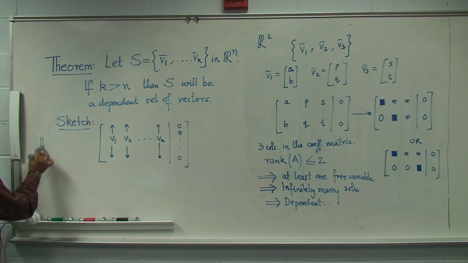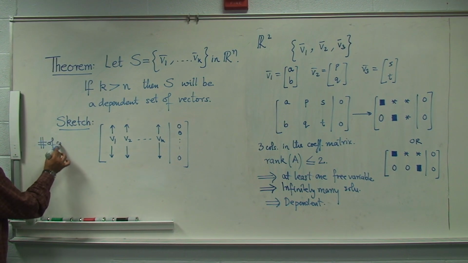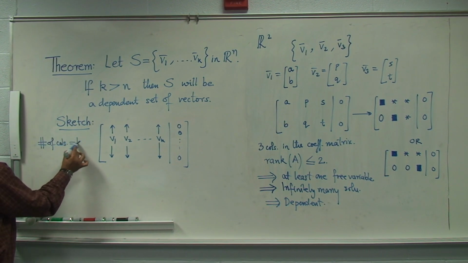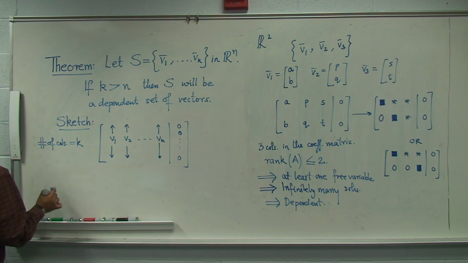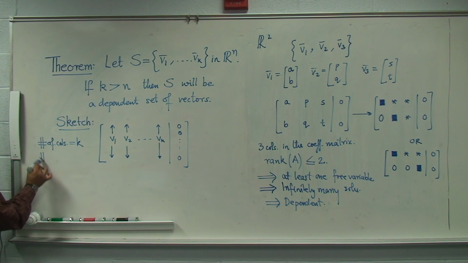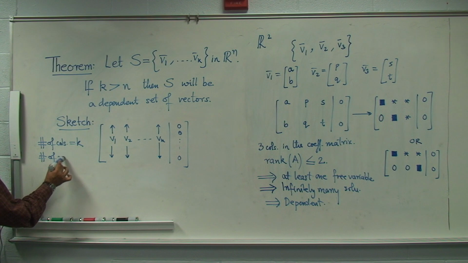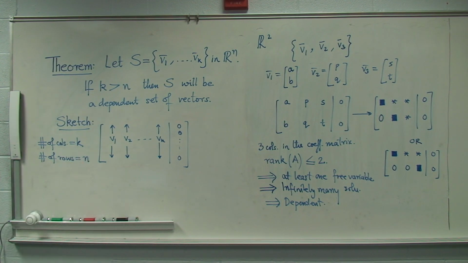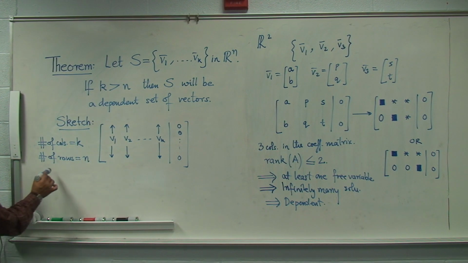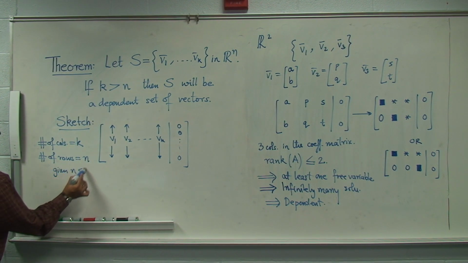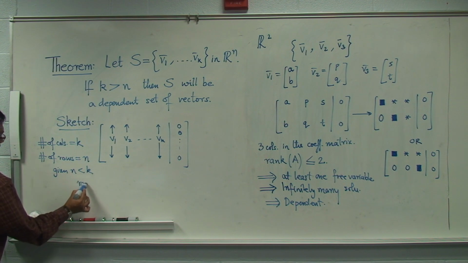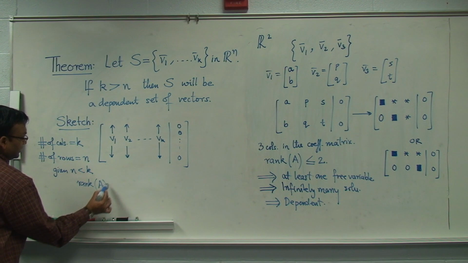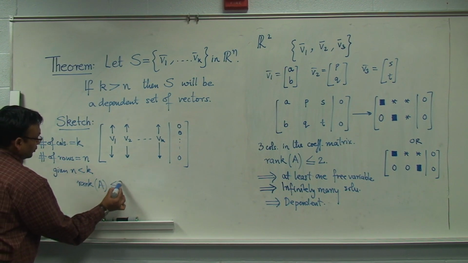So number of columns is k, and number of rows that we have is n, because each vector lives in n dimensions. And we are given that n is less than k. So we can say for sure that the rank of this matrix would be no more than n.